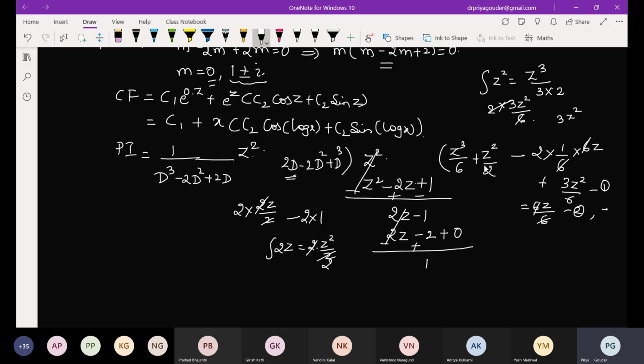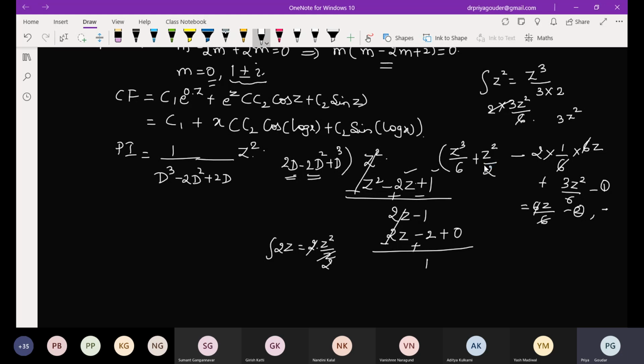Ma'am, can you explain how we got the term minus 2z plus 1 again? See, when you go for a division, this term you want. I have taken the quotient first part z cube by 6, right? So I have to operate it on minus 2z square.